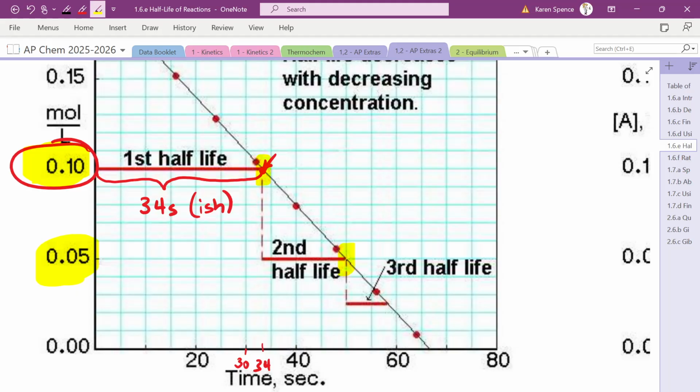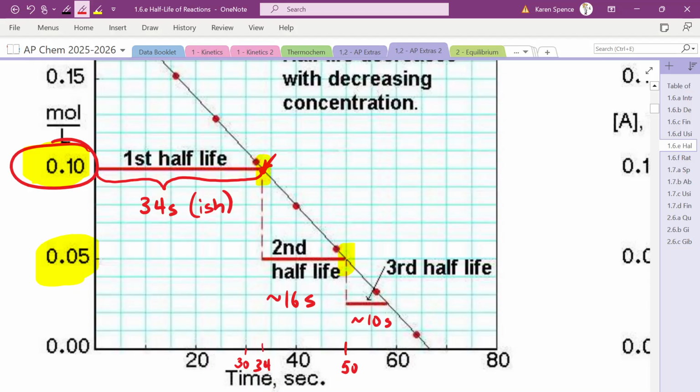It is a smaller amount of time. We would expect it to be, I don't even know what we would expect it to be. Let's see, if that is 34 and that's at 50, then this would be about 16 seconds. And then our third half-life from 50 to 60 would be about 10 seconds.